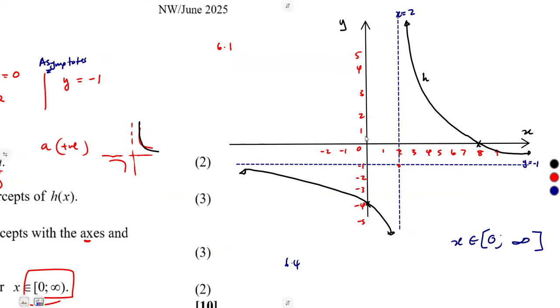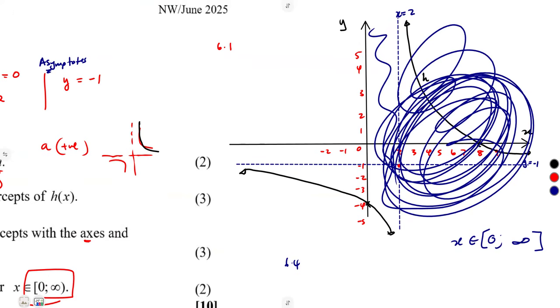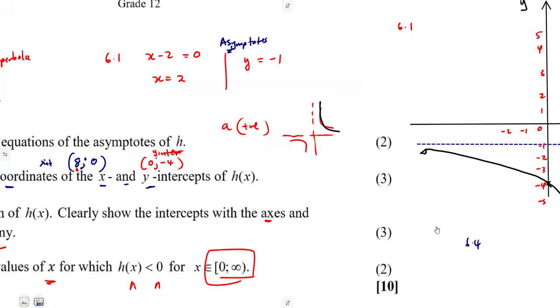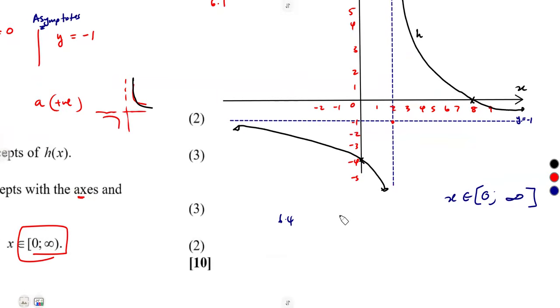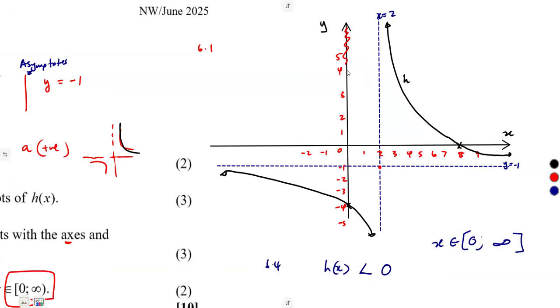So we are going to consider this part of our graph, limited to the right side. This side is not to be considered, even if it satisfies the condition that h(x) is less than 0, because our x has to be taken from 0 to +infinity. So we are limited from the y-axis going this side.